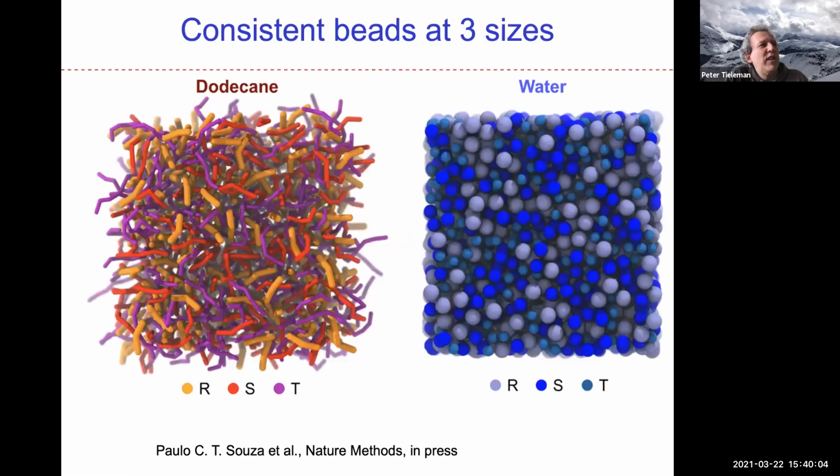So some illustrations. These are tests for dodecane at 3 different levels of resolution. If you have these different levels of resolution, this should mix like an ideal liquid and act like bulk dodecane, and it kind of does. And the same for water. There are 3 different water sizes, and you can actually mix them and they behave like a single liquid.